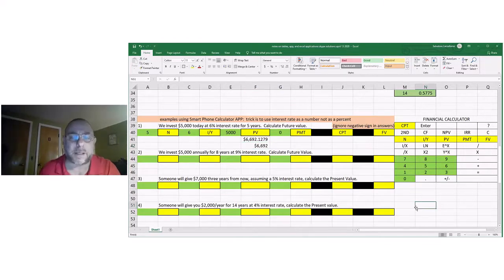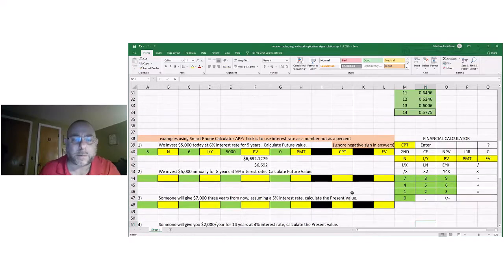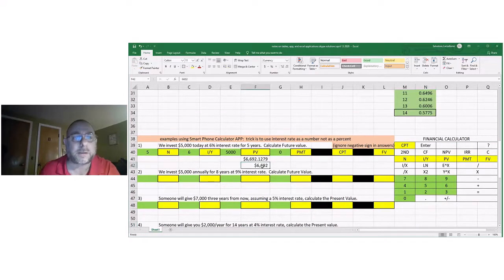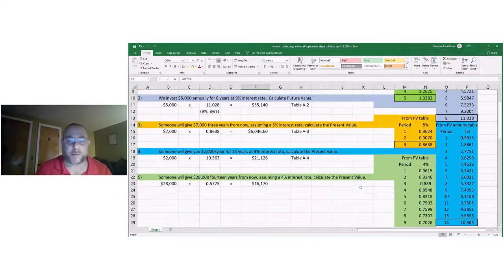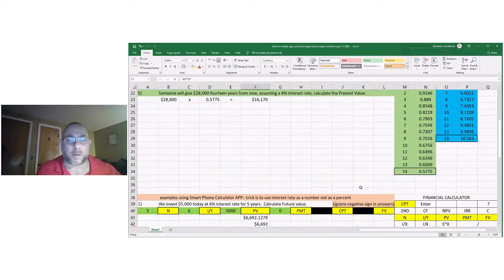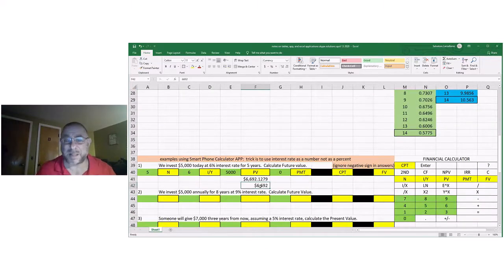Now, I used the same data when we used the table. So we got 6,692 here, and we got 6,691 using the tables. Your calculator app is more accurate than the tables because the tables only go to 4 decimal places, whereas your app takes the number to infinity. So your app is going to give you a more accurate answer, but the table was within $1, which isn't bad at all.